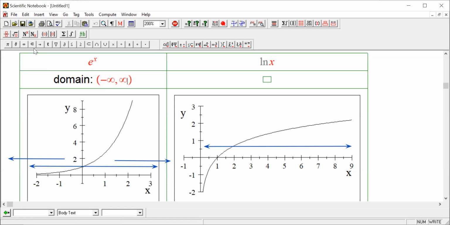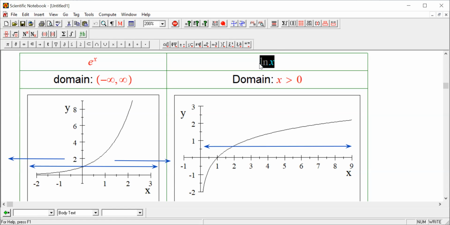Now, let's look at the domain for ln x. If you look at it, you know this curve will never touch the y-axis. So the domain, as a horizontal span, tells you the domain is what? The domain is the input, x, because you tell the reader that's the input, and x must be positive.